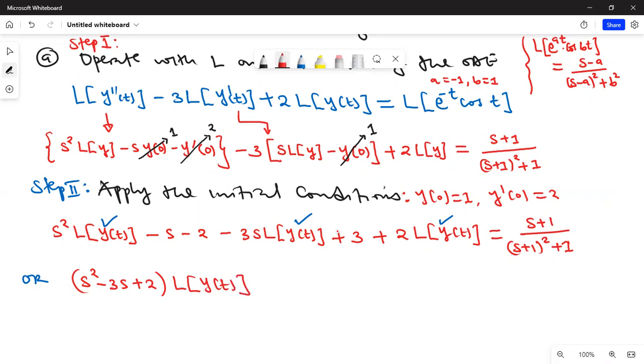We have -s minus 2 plus 3. That should be -s plus 1. So let me write -s plus 1 is equal to (s plus 1) over (s plus 1) squared plus 1.